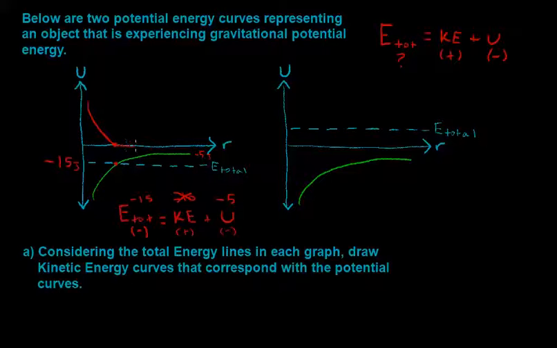And from then on, it never goes past the axis. It stays at 0 as long as this potential energy remains above the total energy. So that is the first kinetic energy curve for this left graph.